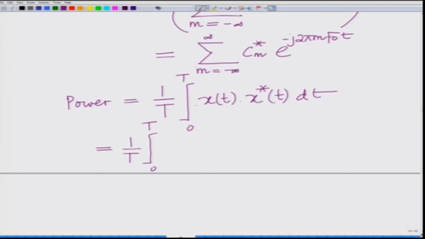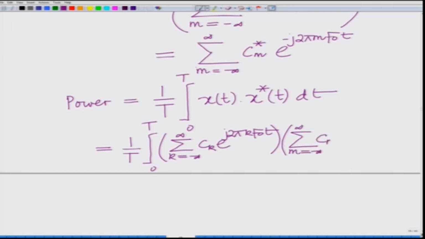We have already developed the expression. x t is summation k equals minus infinity to infinity c k e to the power of j 2 pi k f naught t, times x conjugate t, that is summation m equal to minus infinity to infinity c m conjugate e to the power of minus j 2 pi m f naught t, whole into dt.